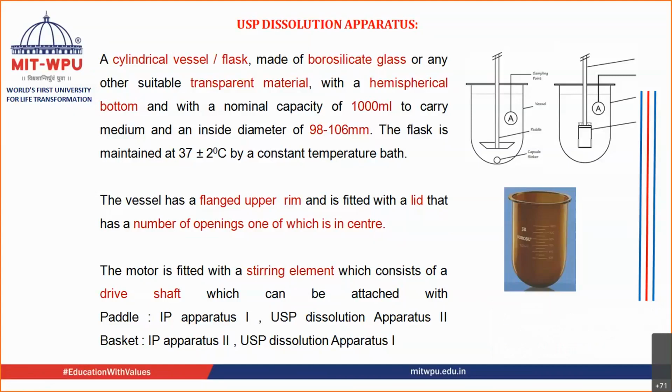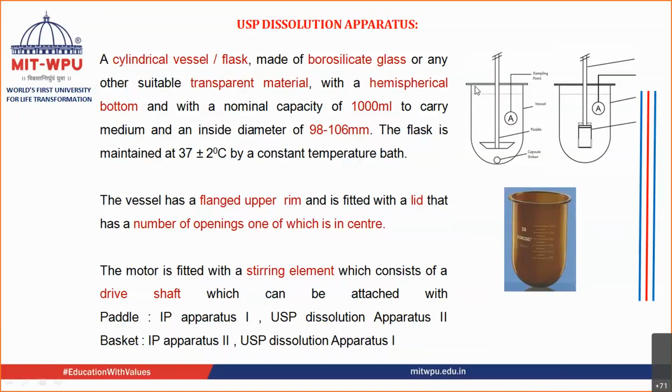Got it? Once again to repeat, it consists of a cylindrical vessel made up of glass or plastic. 1000 ml can be the capacity of it. The inner radius is 98 to 106 mm. The temperature inside is maintained at 37 plus or minus 2 degrees Celsius, because that is the temperature inside your body. This temperature is maintained with the help of the water bath.